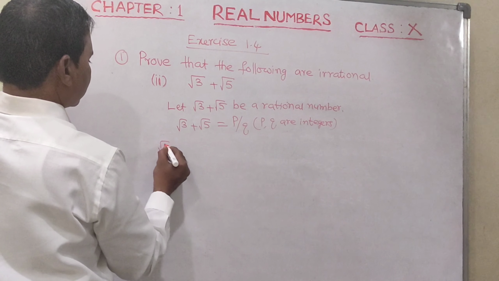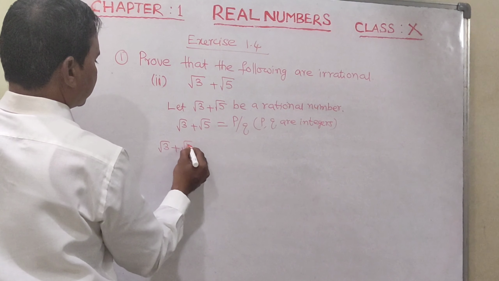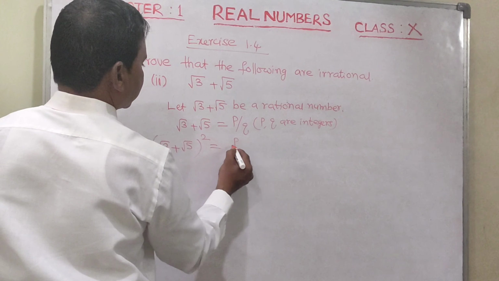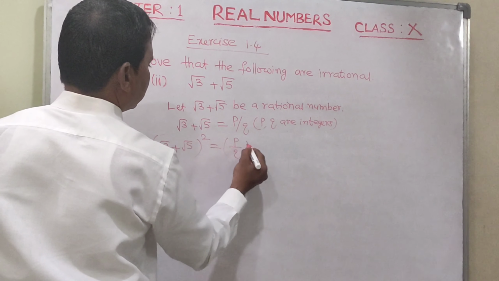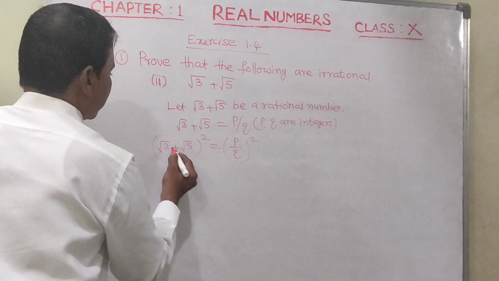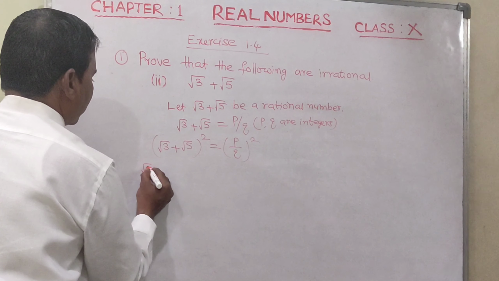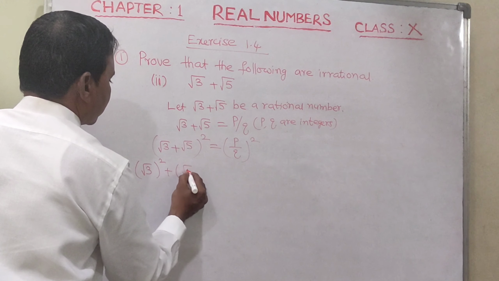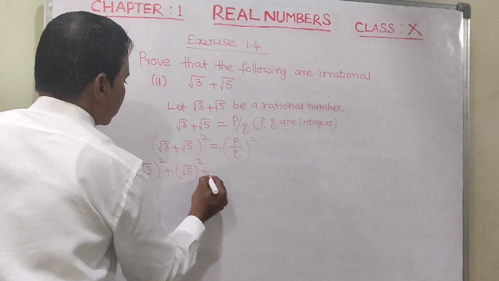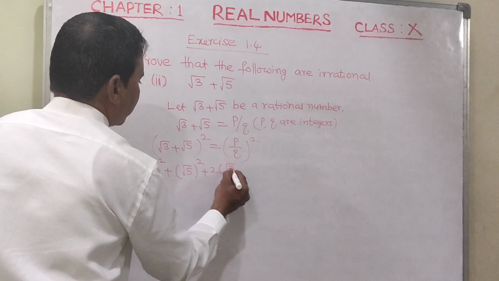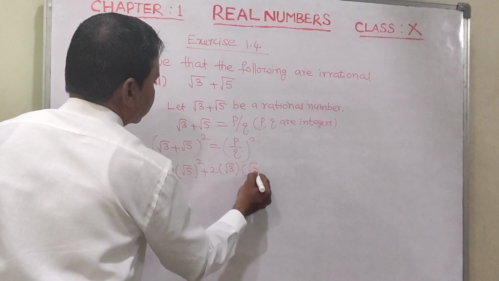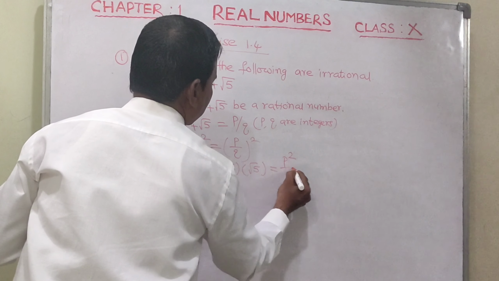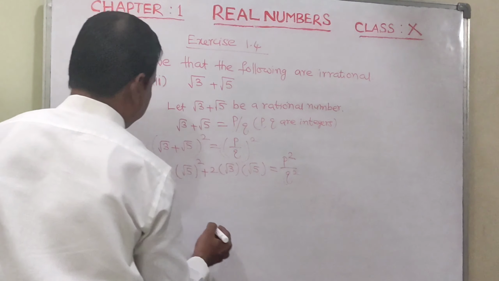If you square on both sides, we get root 3 plus root 5 whole square on this side, and p by q whole square on the other side. It is in the form of a plus b whole square. How will you expand it? A square plus b square plus 2ab. This gives p square by q square.